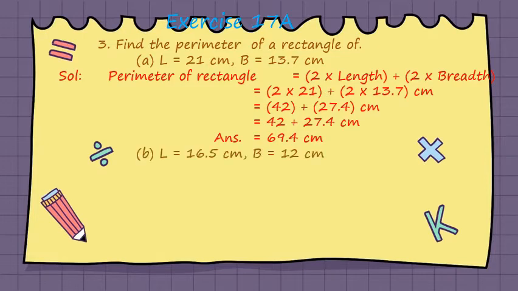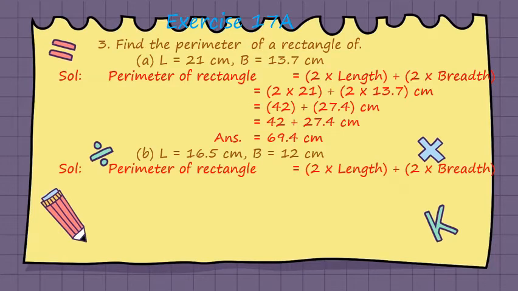Now let's do the B part. Here again we have to find out the perimeter of a rectangle of length 16.5 centimeter and breadth 12 centimeter. Children, we know that perimeter of rectangle is equal to 2 multiplied by length plus 2 multiplied by breadth. So we will put the value of length and breadth.